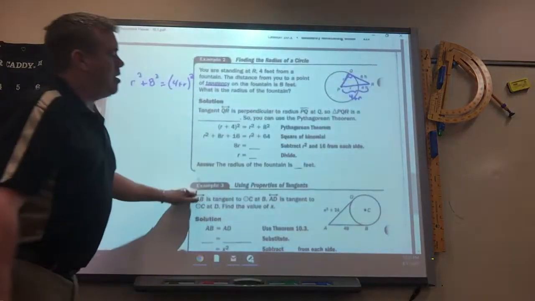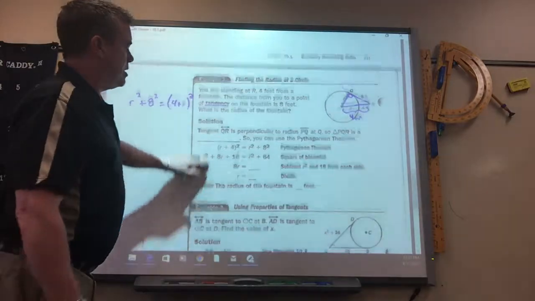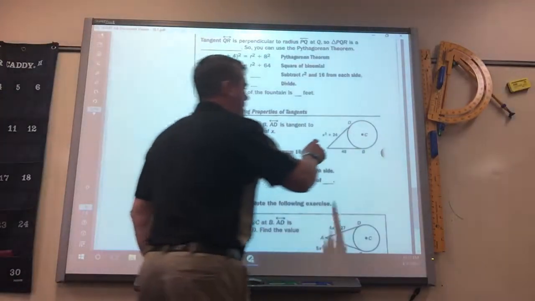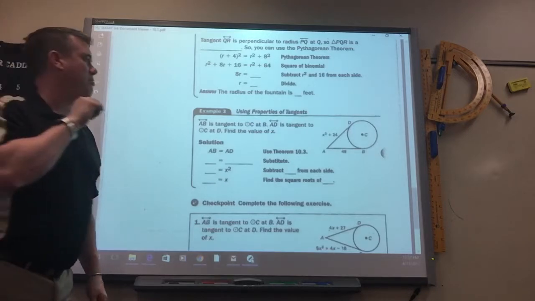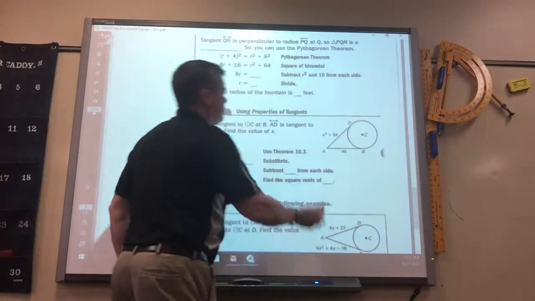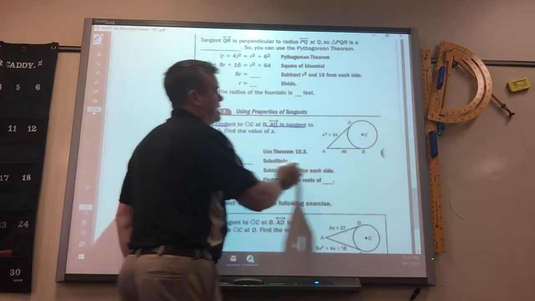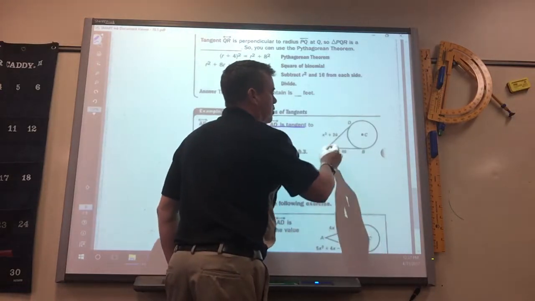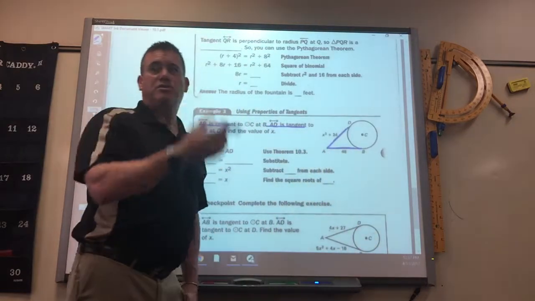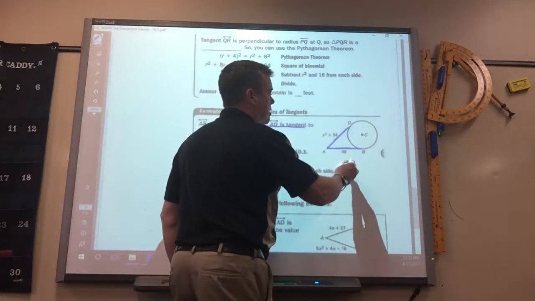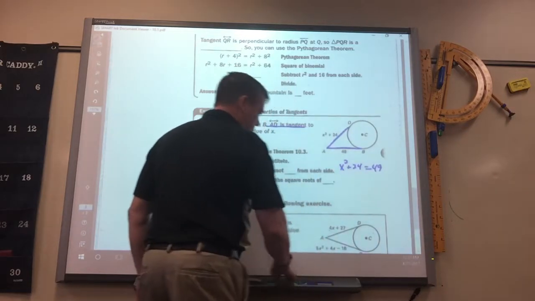Okay. Now, like I said, there's only one like this, if I remember right. Here, we also have an x squared, but it's not a hard one to solve. Remember, since this is a tangent, and this is a tangent, they're equal to each other. So x squared plus 24 has to equal 49.